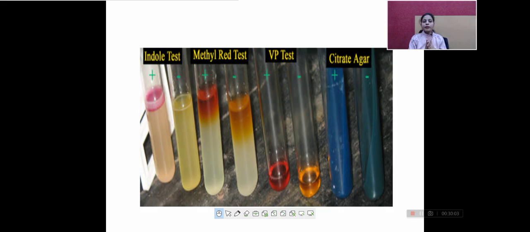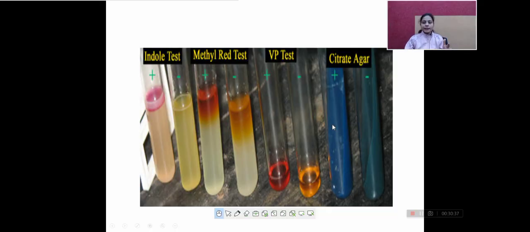Clear? In the citrate test, we take citrate agar solution and inoculate the bacteria in this agar test tube. If the bacteria utilize the citrate, then there is a change in color to blue, and if the bacteria do not utilize the citrate, then it remains green.